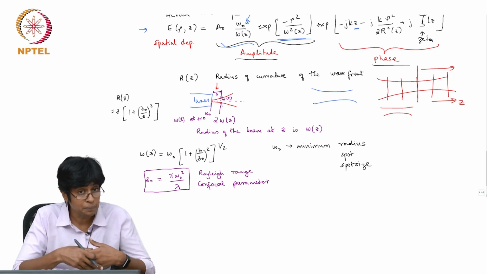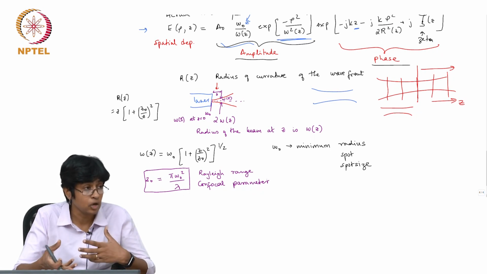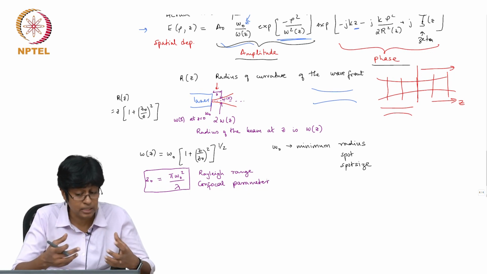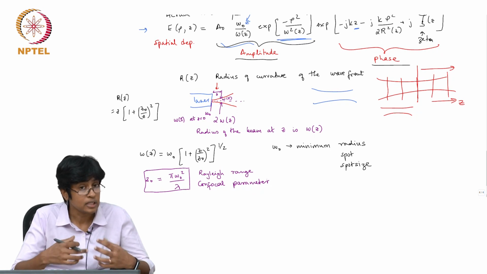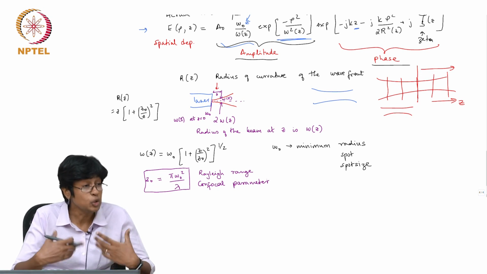But with the Gaussian beam, I do need an amplitude, I do need a direction, but I also need this omega naught or z naught, because omega naught and z naught are related. Right? So I need the wavelength as well.